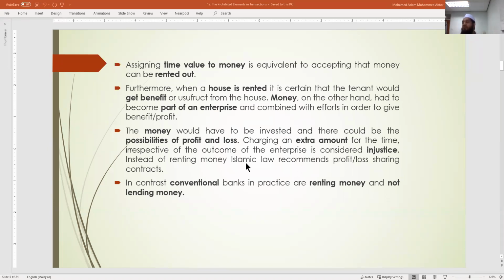Charging an extra amount for the time, irrespective of the outcome of the enterprise, is considered injustice. Instead of renting money, Islamic law recommends profit and loss sharing contracts. This is where you will be learning next semester about murabaha, musharaka, and mudaraba. In contrast, conventional banks in practice are renting money and not lending money.